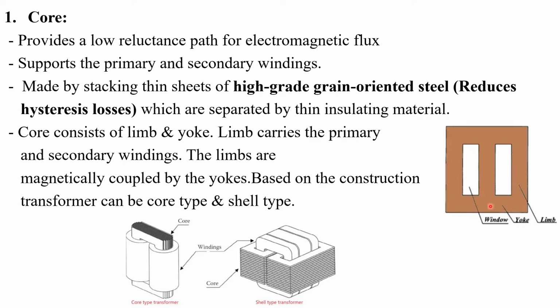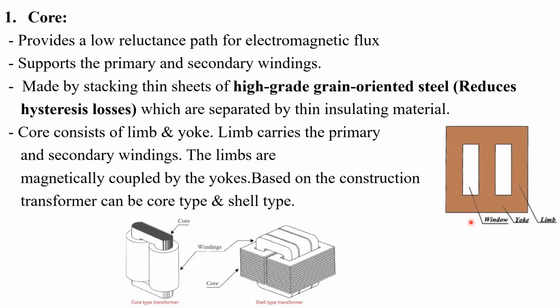This core has mainly two parts, limb and yoke. These vertical portions are known as limbs, and the function of the limb is to carry the primary and secondary windings. These horizontal portions are known as yokes. The limbs and yokes are magnetically coupled, so the function is to provide a low reluctance path for the flow of magnetic flux.